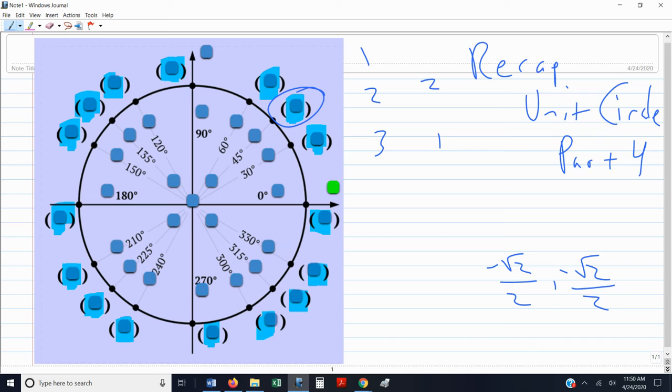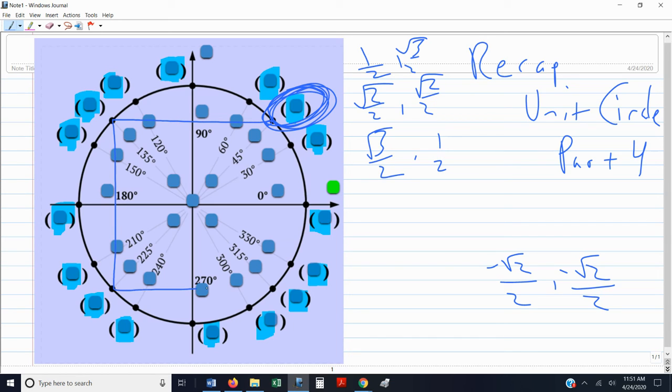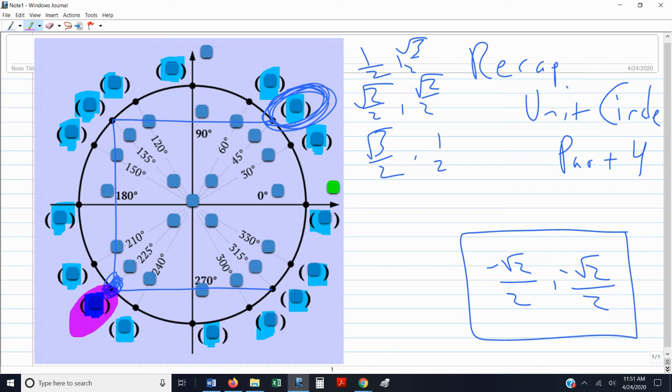You could continue 1, 2, 3, denominators of 2, numerators with square roots, etc. But even on that first pass of 1, 2, 3, you know that this one that I circled is the root 2 over 2 and root 2 over 2. And then that coordinate will be connected to straight over, straight down, straight over, but you're looking for the negative x and negative y. So negative x value, negative y value is going to be this one.